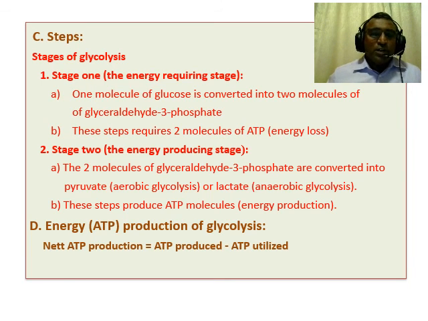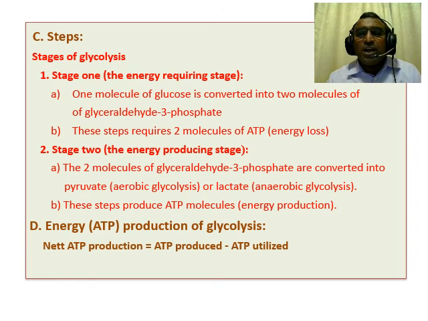The stage 1 is somewhat need to invest energy. So the system need to use energy, and that energy comes in the form of ATP hydrolysis. So ATP, in short, ATP need to be utilized here. In fact, there will be two ATP molecules to be hydrolyzed in 1 to 5 steps of this stage 1.